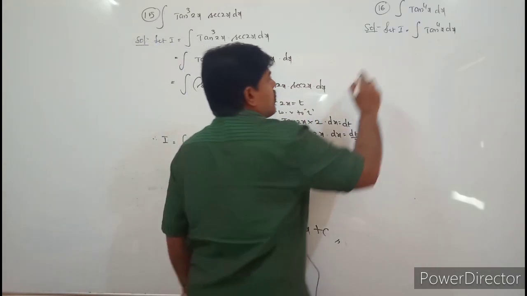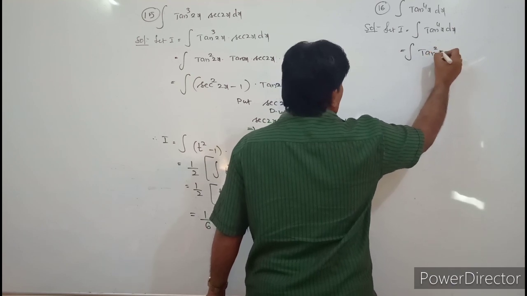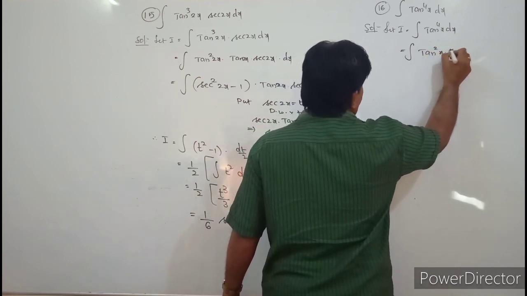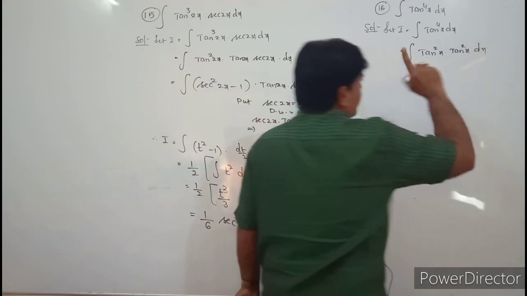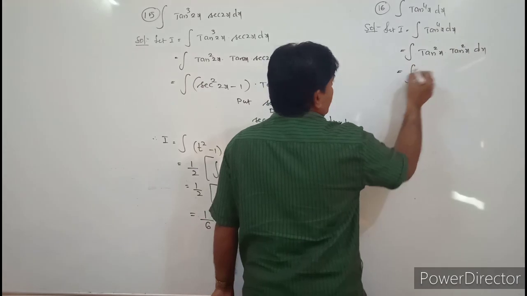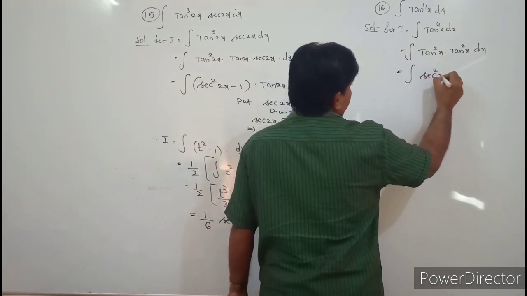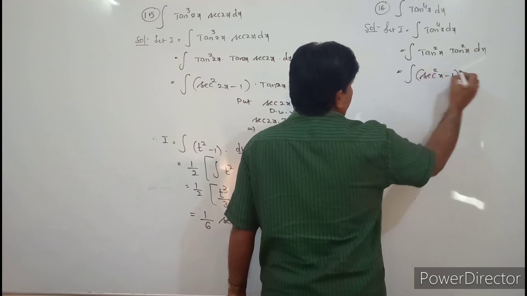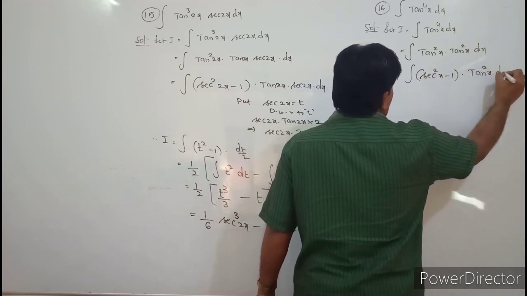So this tan power 4x I can write as tan square x into tan square x into dx. So that is equal to integral of tan square x, where one tan square x I am changing into secant square x minus 1, into tan square x into dx.